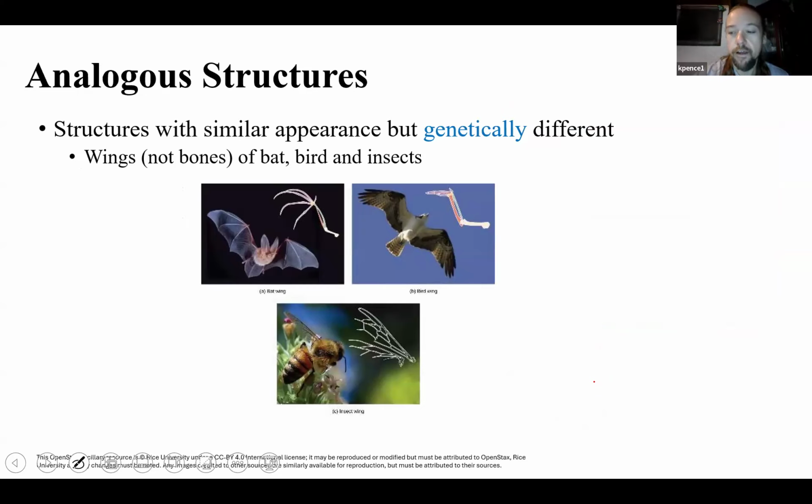Birds have hollow bones and feathers for their wings. Mammals, like the bat there, have dense bones and skin flaps. And insects have no bones, but a fibrous, sugar-based exoskeleton. So even though they all have wings, you wouldn't want to put them together on the same branch, because their wings are made of different things.